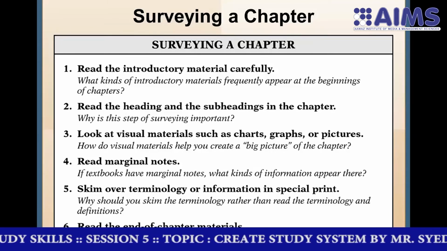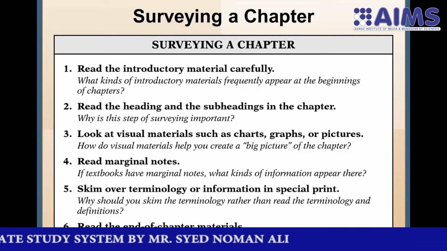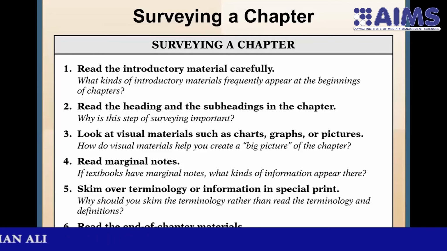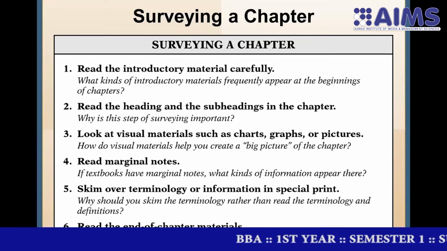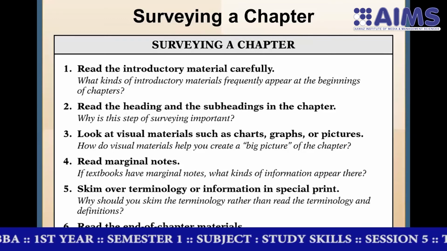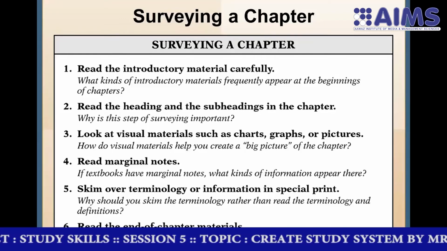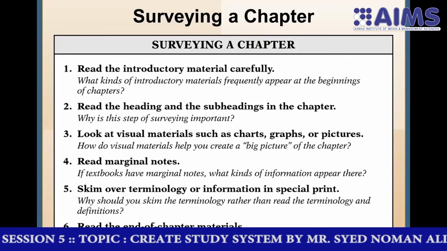That is a good way to keep an overview. And look at visual materials such as charts, graphs, pictures, and diagrams that create a big picture. And read marginal notes. Textbooks have marginal notes; what kind of information appears there? Then skim over terminology. Skim over information in the special features.